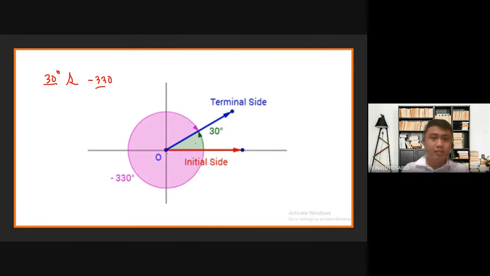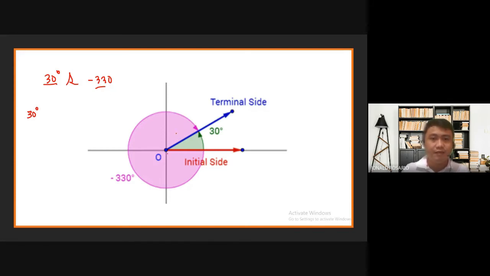Okay? So, sir, paano tayo nagkaroon ng negative 330 aside from doon sa drawing? Paano pag algebraically, if we're going to use numbers, paano nagkaroon ng negative 330?